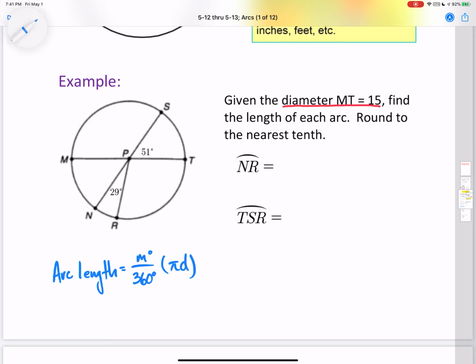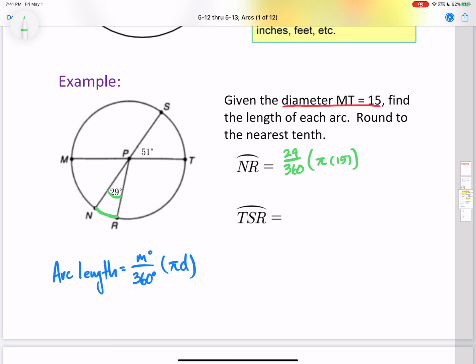Okay, so let's take a look at this first one over here. They're asking us to figure out, okay, what is the arc length of NR? Now, if I take a look at our NR, that has a central angle of 29 degrees. So that's going to be my angle measurement. So that's 29 out of 360. And then we're going to multiply it by pi times d. And d, we said earlier, is 15. So I'm going to multiply it by 15. Okay, so now all we have to do is the math here.